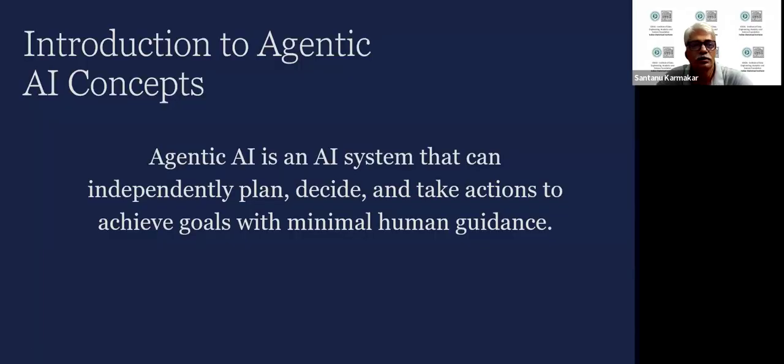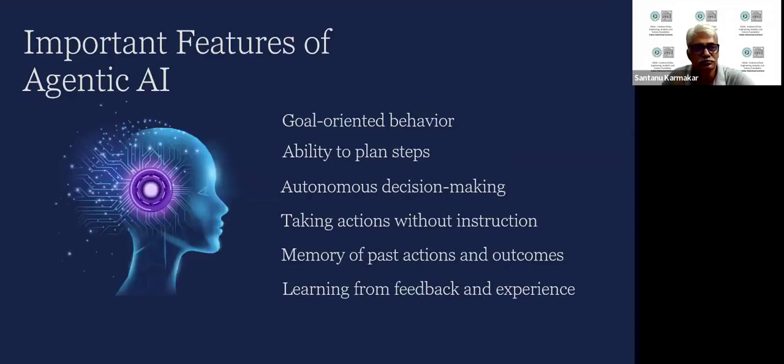So we'll go through the agentic AI concepts. What is agentic AI? Agentic AI is an AI-based system that can independently plan, decide, and take actions to achieve goals with minimum human guidance. This is the system which can be called an agentic system. There are multiple steps. It can plan if required, it can take decisions, it can take action. We'll come to how that happens.